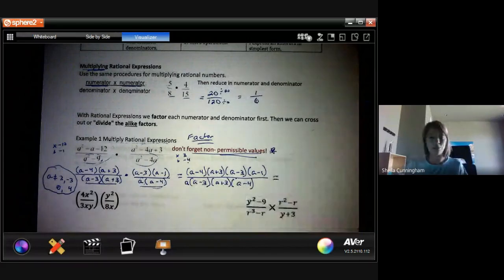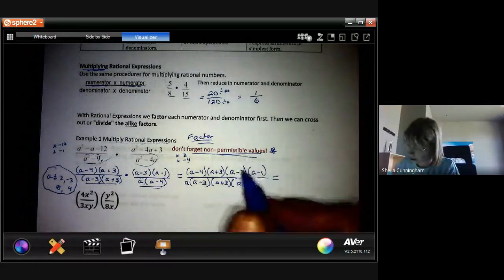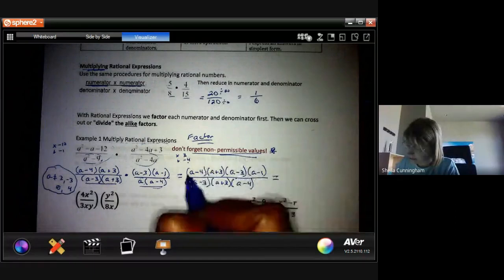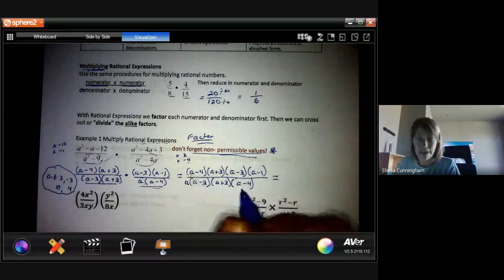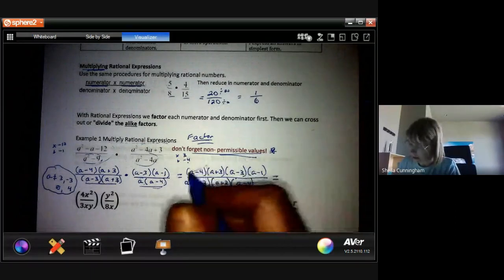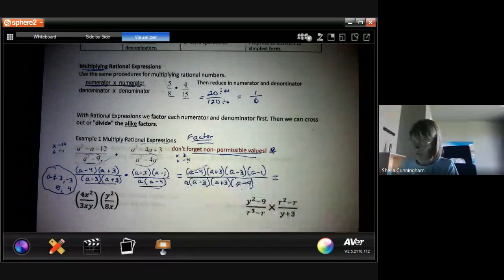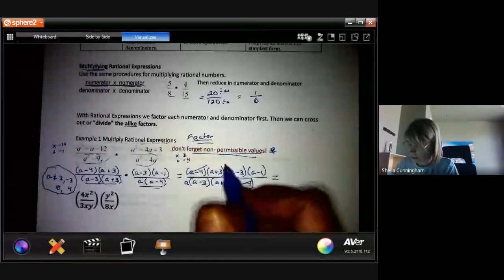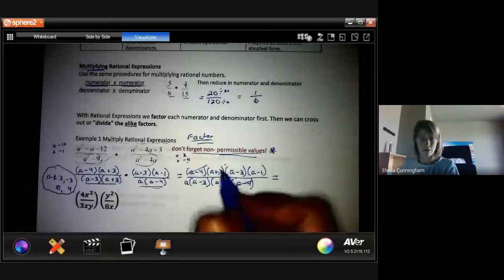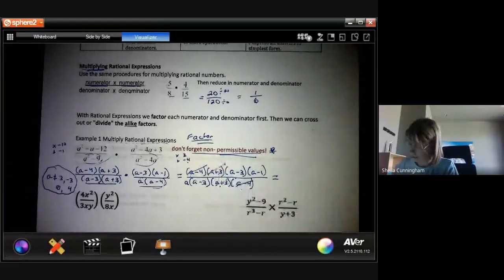In this instance, to reduce, you've got to take a factor and see if you can divide that same factor out of the denominator. I see an a minus 4 on the top. I also have an a minus 4 on the bottom. I can cancel those out. I've got an a plus 3 in the numerator. I also have 1 in the bottom. They can cancel out because they share between the two of them.